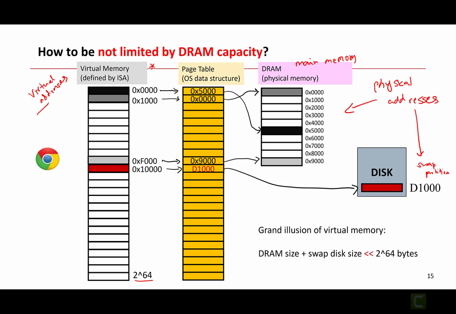So now we need to find a map between these two, and that's the job of the operating system. So now when you start a program, the operating system creates what's called a page table for that program. And that page table starts off by allocating space in the physical memory for your program.